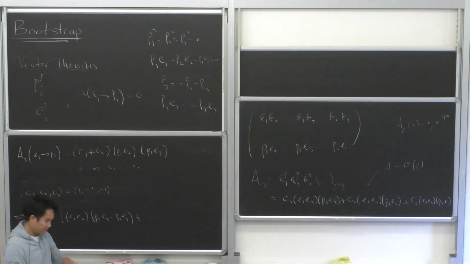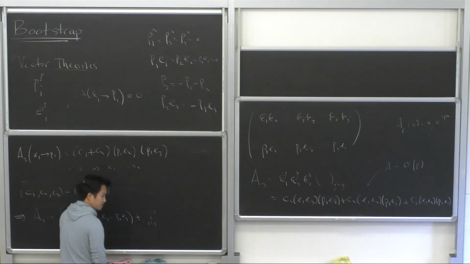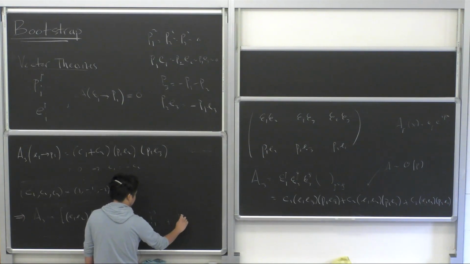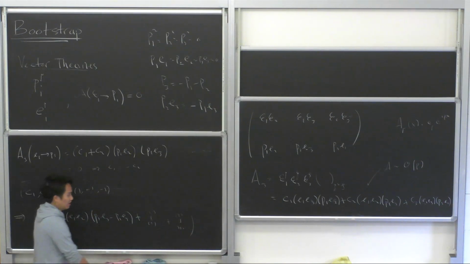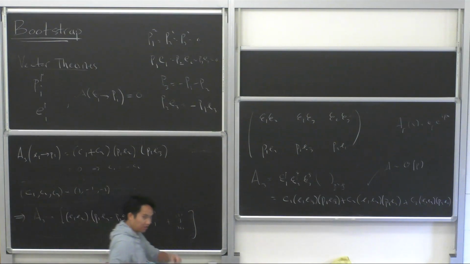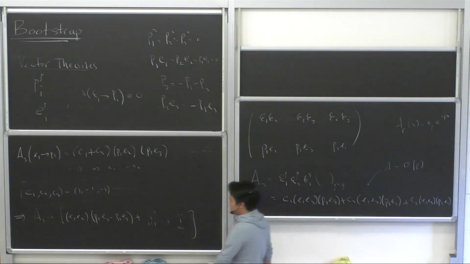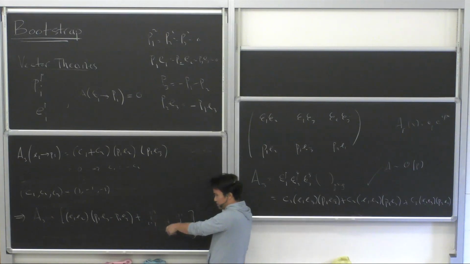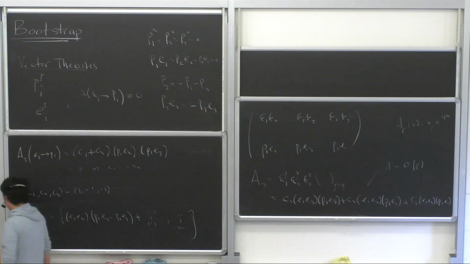So send 1, 2, and 3 to 2, 3, and 1, and then another term, sending 1, 2, and 3 to 3, 1, and 2. Whenever I say cyclic permutations, I mean take the external legs and permute them by the cyclic group on the number of external particles. So there are 3 terms here, corresponding to 1, 2, 3; 2, 3, 1; 3, 1, 2, all of the same structure. Good. So that's what we saw last time.